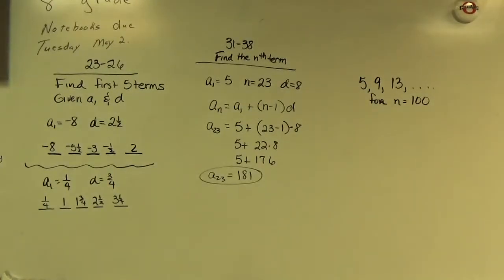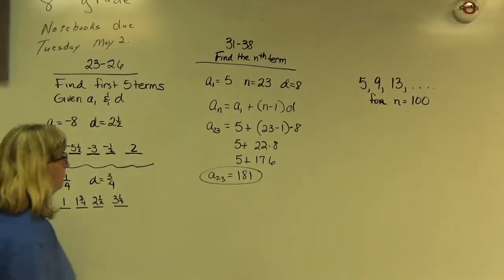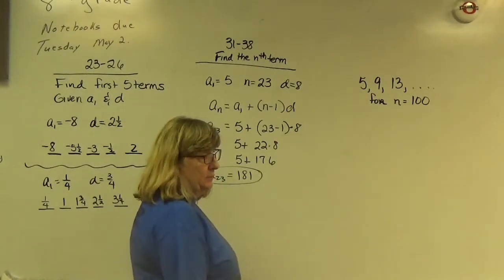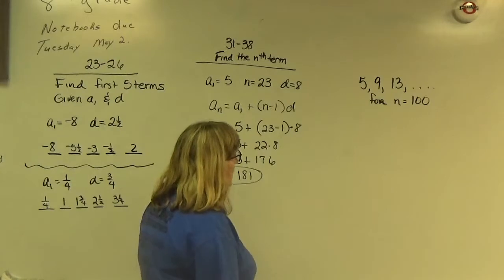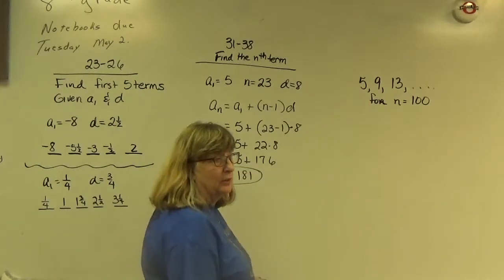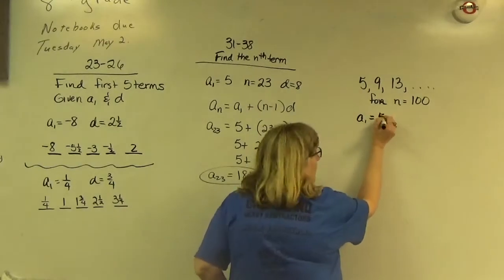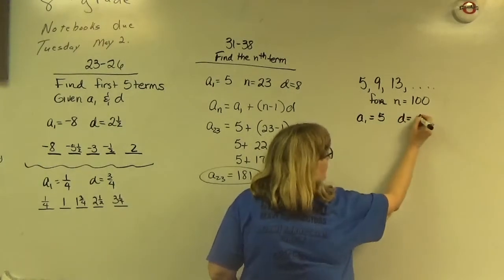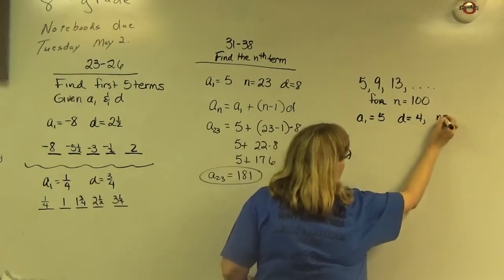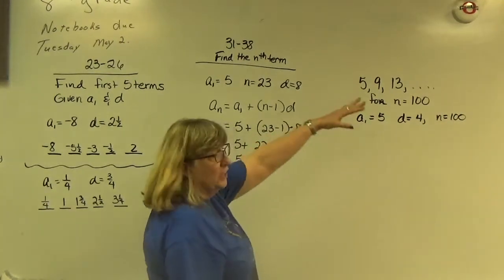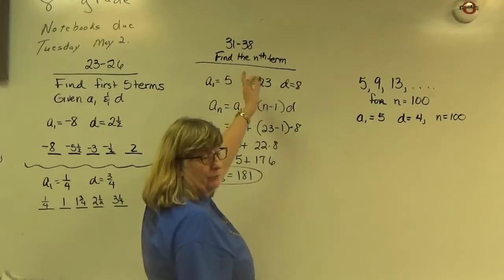I gave you somewhat of a sequence, and I told you what n has to be. n has to be 100. So what do you know from this sequence? What can you tell by looking? It goes up by 4. Don't I know the first term is 5, and the difference is 4, and I'm looking for the 100th term? So it's all there, it's just written in a different form.